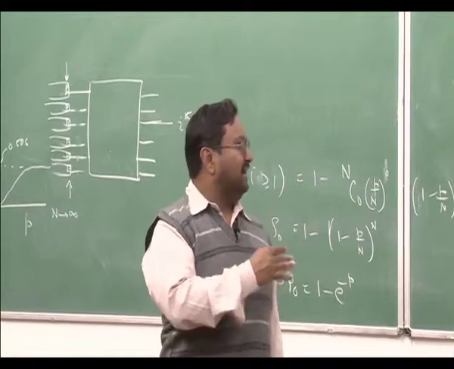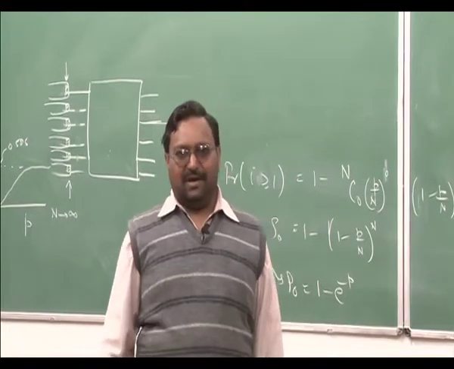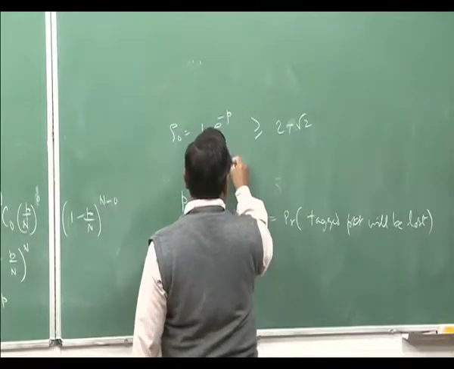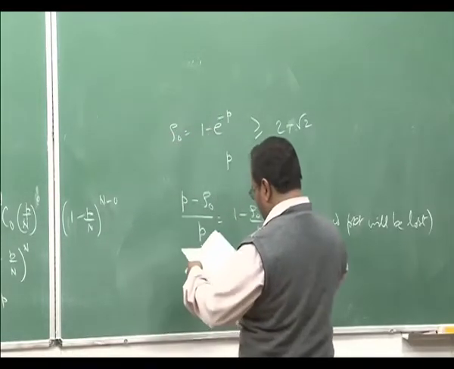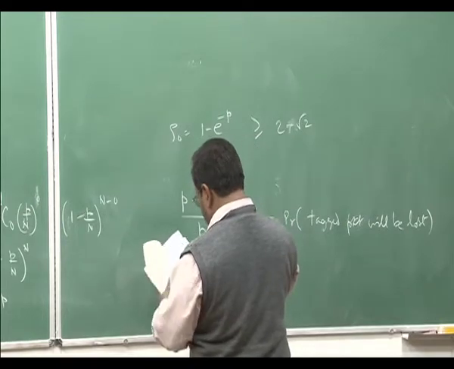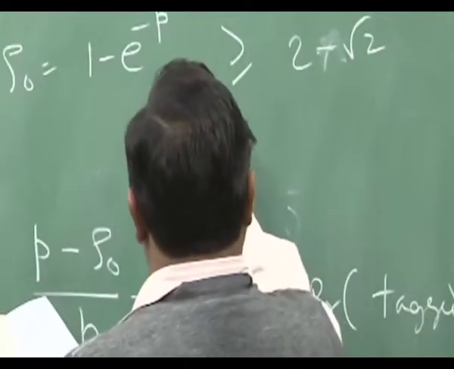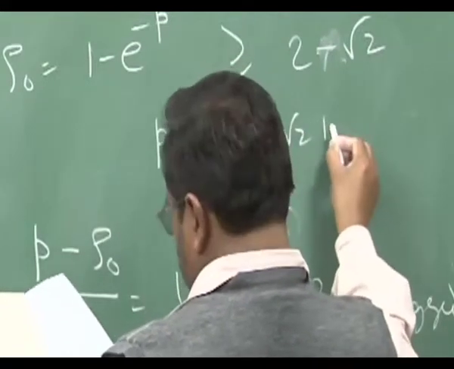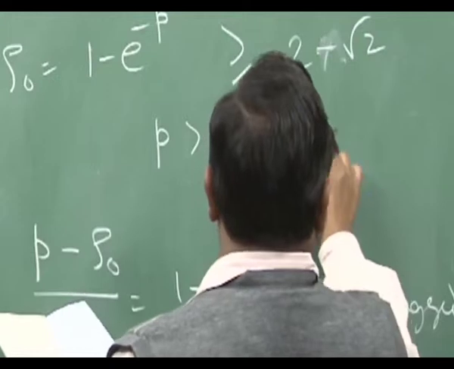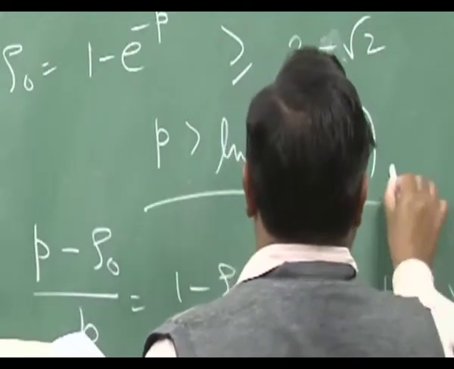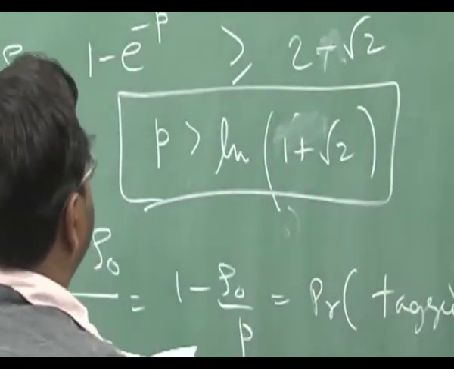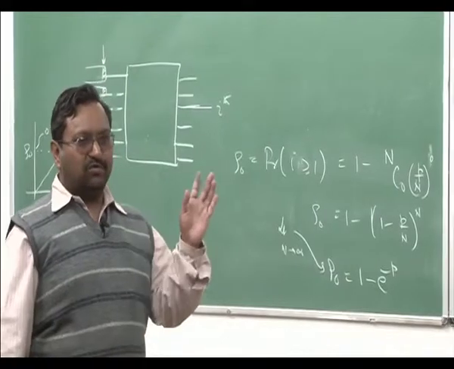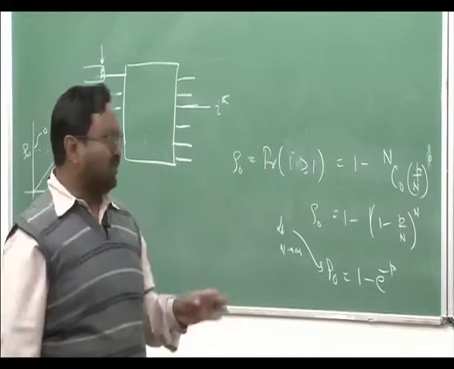After that, I want to actually have higher throughput. So what is the value of p? From here you should be able to get a value of p which is the crossover point after which you should start dropping the packets.